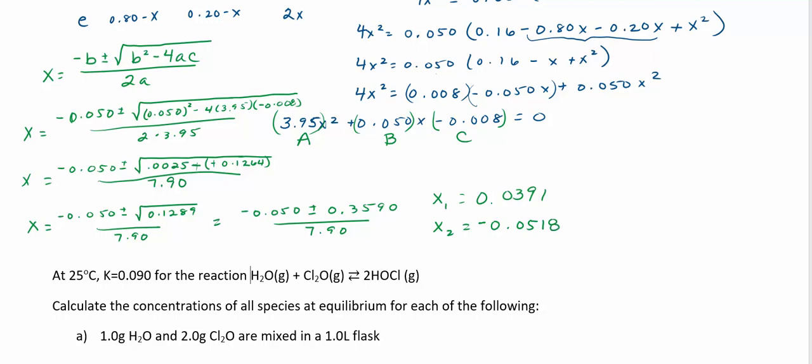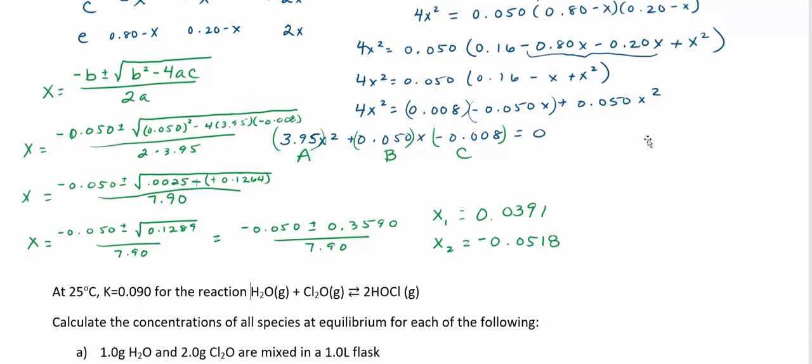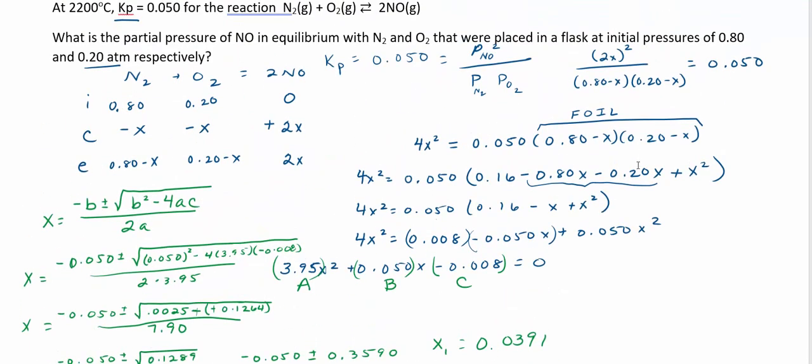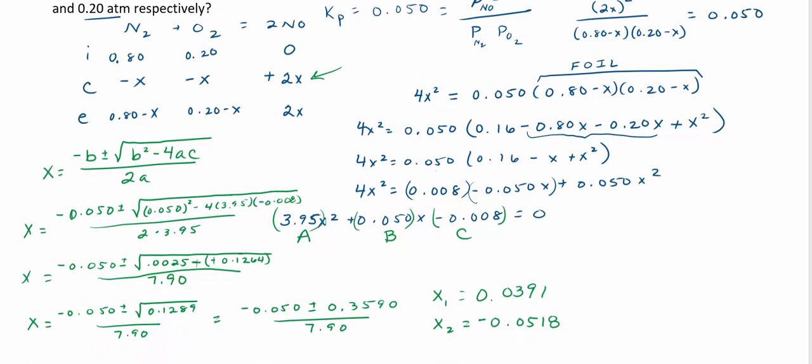So which value do we use and how do we know? Well, you have to remember what that x represents. That x represents a change here. Now, if you had put the wrong sign in your change column and you had maybe minus 2x in your products and plus x's in your reactants, then both of your x values would end up negative.